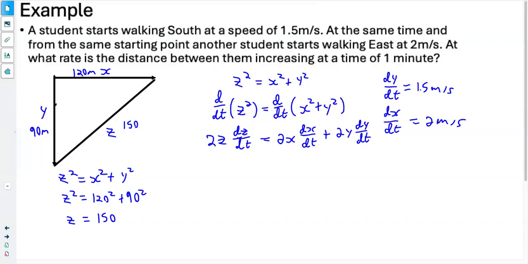Now, one thing that you'll notice is every term has a 2 in it, so we'll go through and cancel those out. And we essentially now just want to get dz over dt on its own. So we've got dz over dt is equal to x times dx dt plus y times dy dt over z.